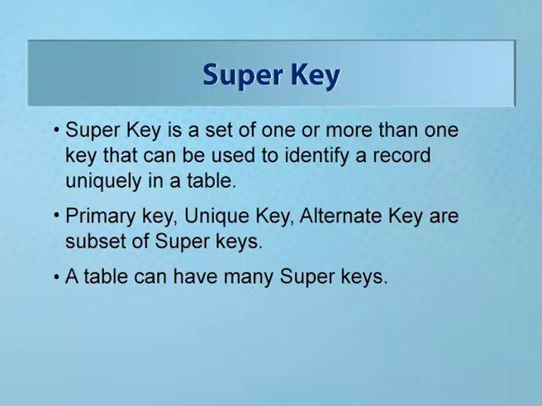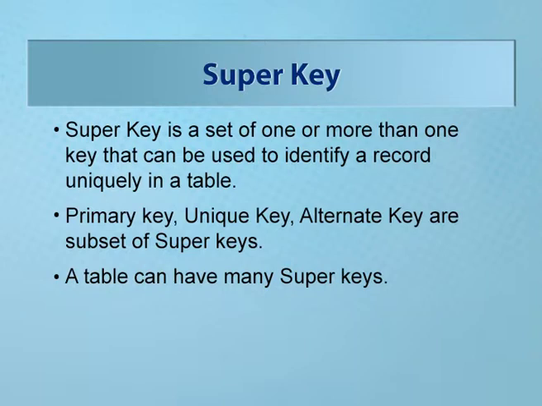So, it can be a single key or it can be a set of keys. The combination we call a super key. The only thing it has to do is identify a record uniquely. Either it uses one key or a set of keys, more than one key, then it is called a super key.